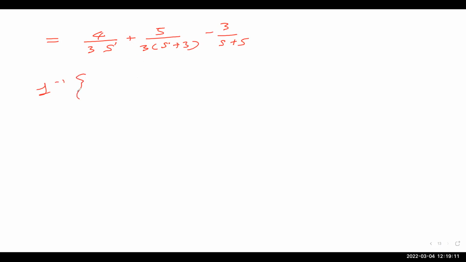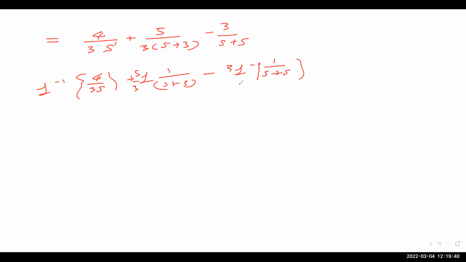Once again, the linearity property we'll be using. So let's write 4 over 3 times 1 over s, plus, we can just write the 5 outside and get 5 over 3 times 1 over s plus 3, minus 3 times 1 over s plus 5, right?